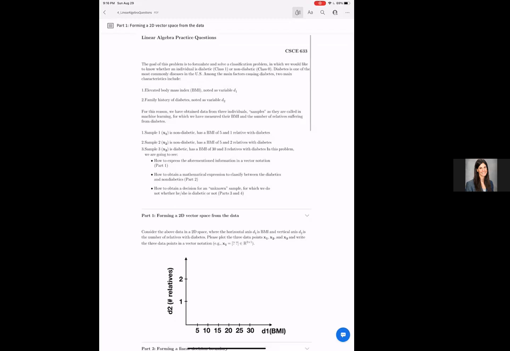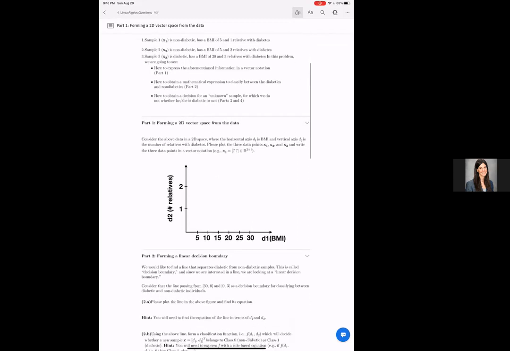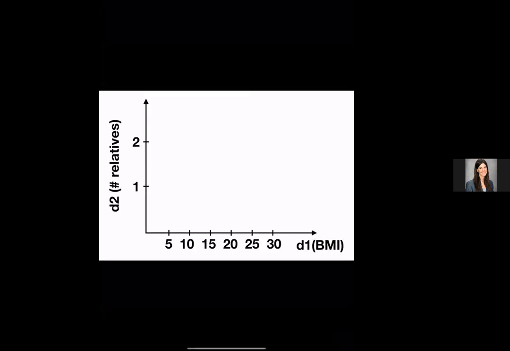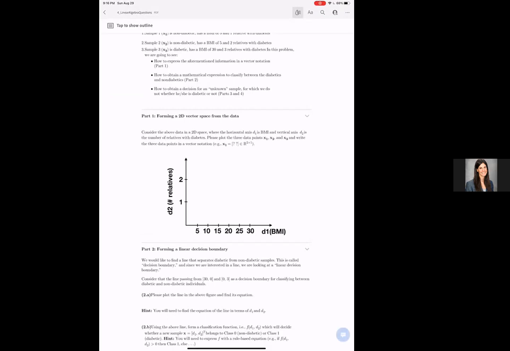As part of part 1 of this exercise, we are going to consider a 2D representation space as shown on this screen. In this 2D representation space, the x-axis corresponds to variable D1, which is the body mass index, and the y-axis corresponds to variable D2, which is the number of relatives with diabetes.